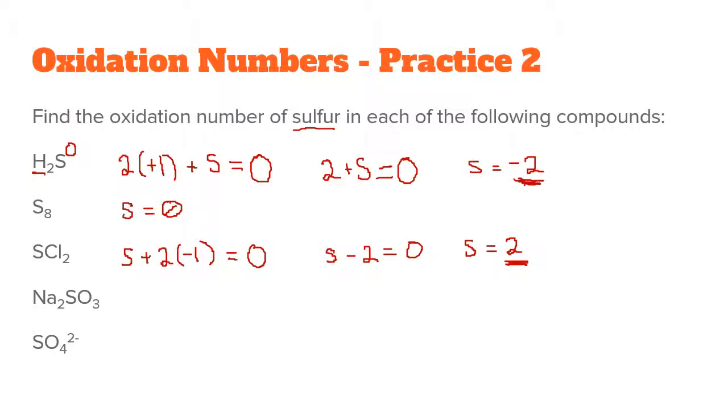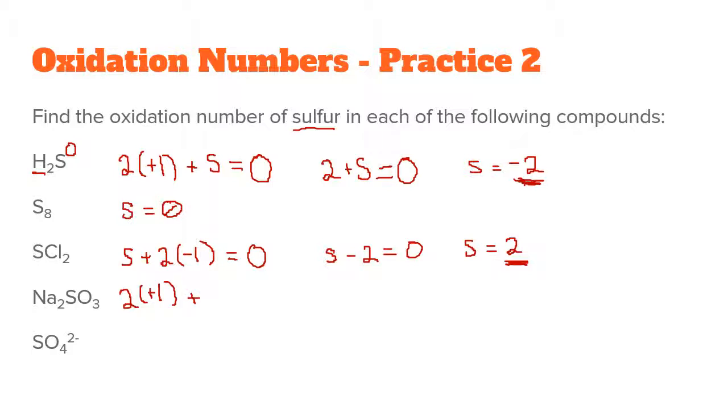Now, this next compound, we have 3 different things. We've got sodium, sulfur, and oxygen. Now, we do have a rule for sodium. This is an ionic compound, so it's going to have a +1 oxidation state, that ionic charge. So we've got 2 sodiums, each with a +1 oxidation state.